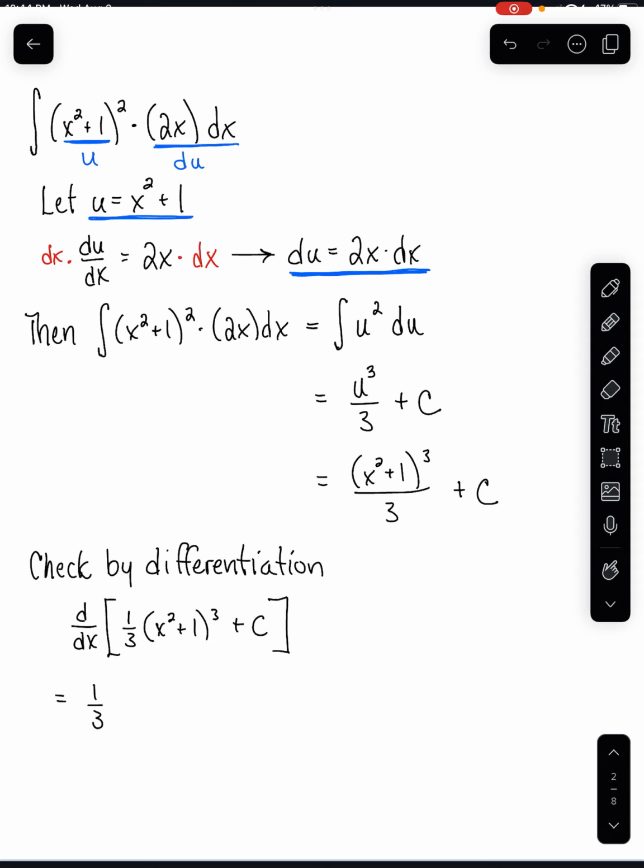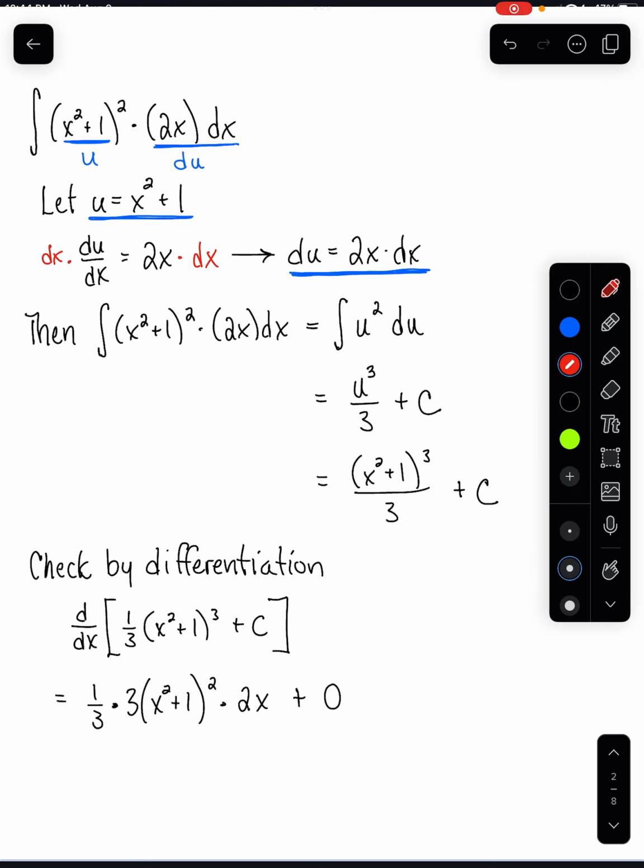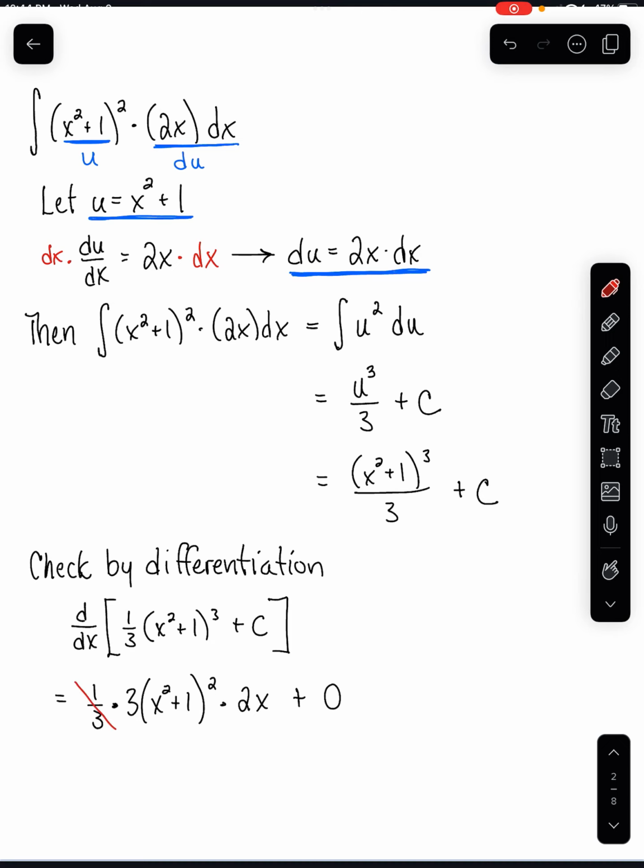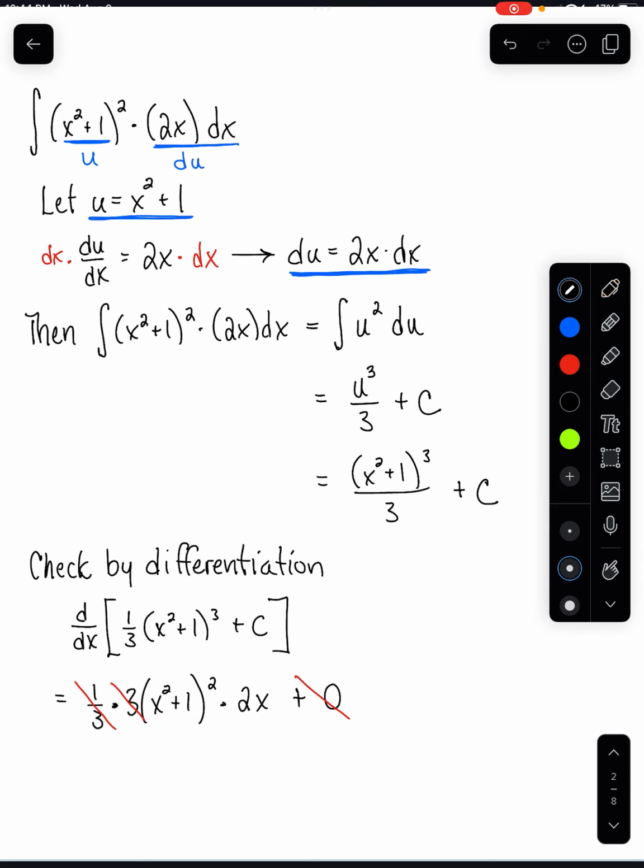For the derivative of (x squared plus 1) cubed, we would do the power rule, leaving the inside function alone, times the derivative of the inside function. And then the derivative of the constant of integration is, of course, 0. So what we have here is the 1/3 times 3 cancels out. The plus 0, no, there's no reason to write that.